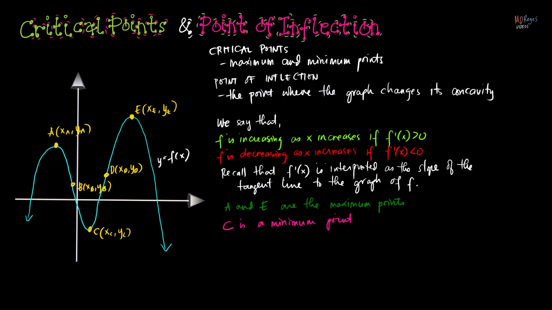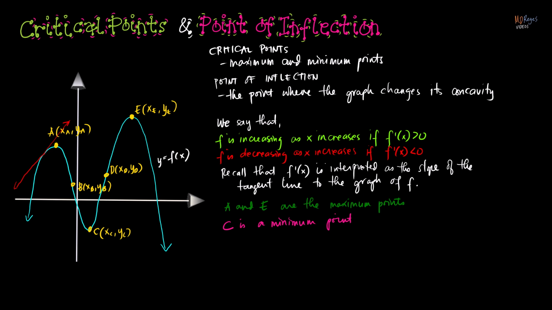Just let me draw some tangent lines on the left side of point A. This is one tangent line on the left side of point A, and obviously it is inclined to the right, so its slope is positive. Because on the left side of point A, the function is increasing.